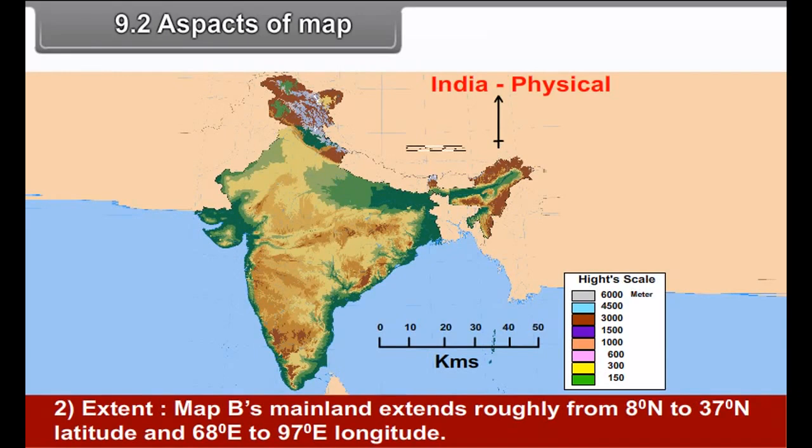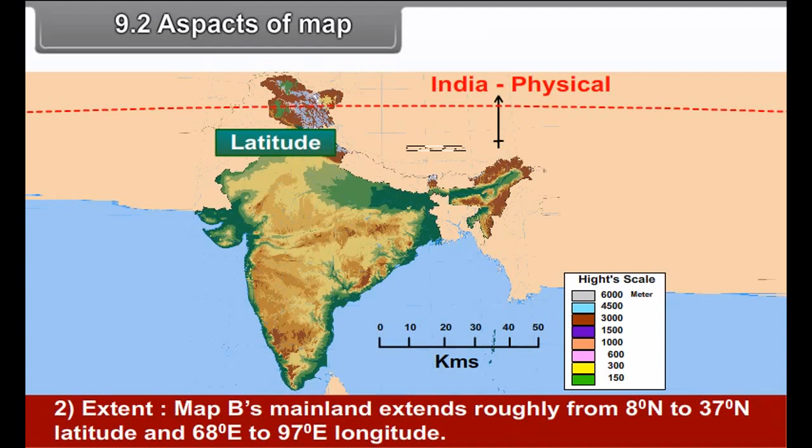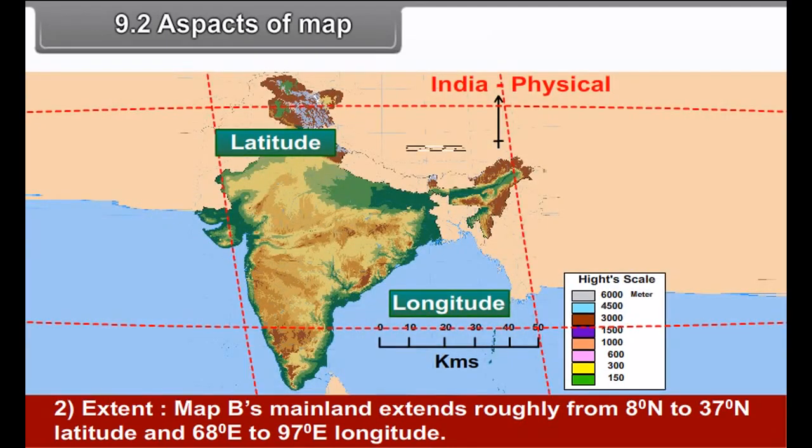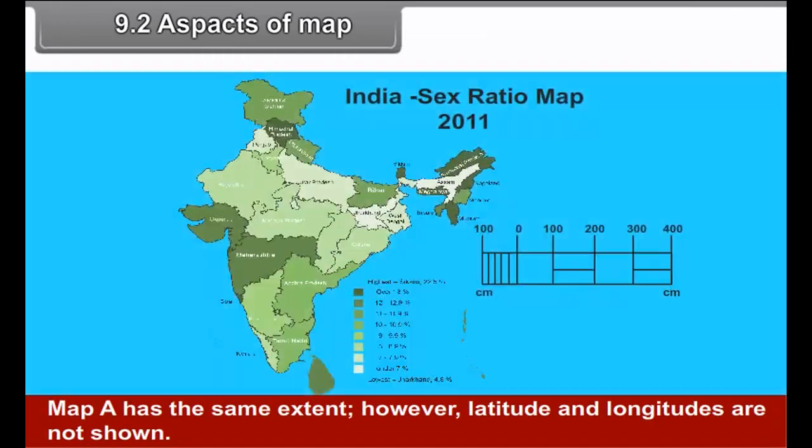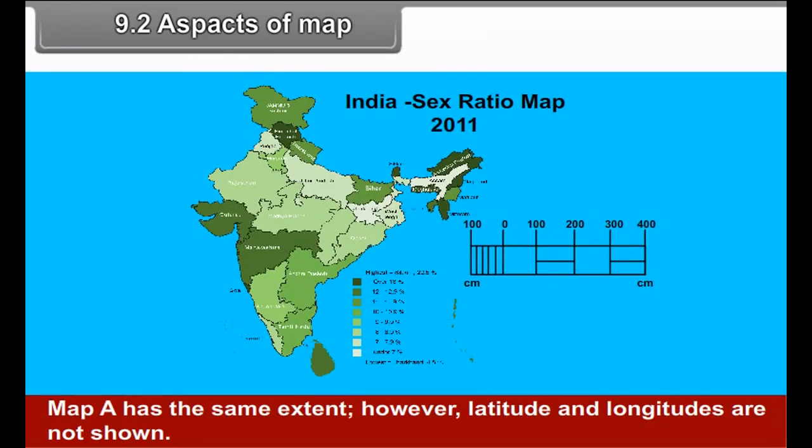Map B's mainland extends roughly from 8 degrees north to 37 degrees north latitude and 68 degrees east to 97 degrees east longitude. Map A has the same extent. However, latitudes and longitudes are not shown.